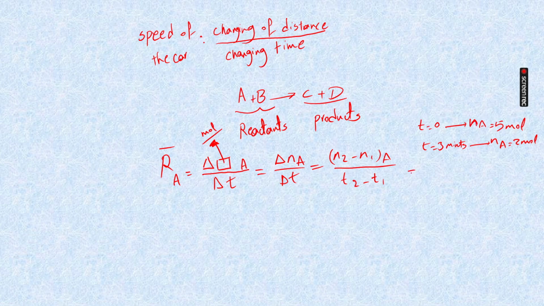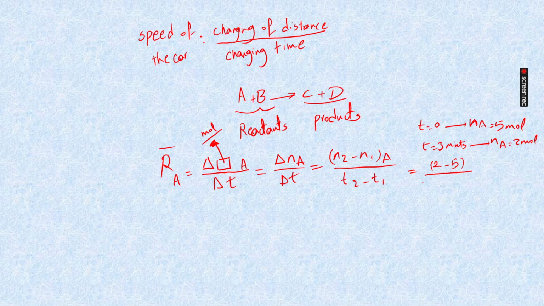Here, if I want to calculate it, I have to write n2 minus n1. So n2 is 2 minus 5 for A. 2 minus 5 should be minus 3. So the numerator should be negative.